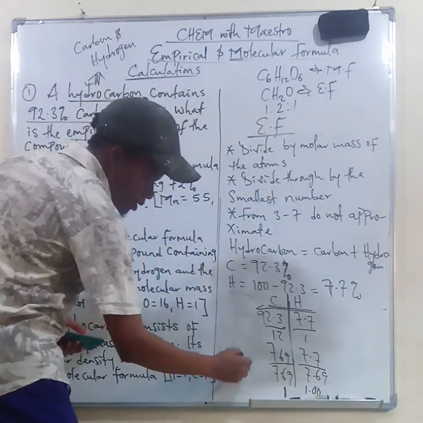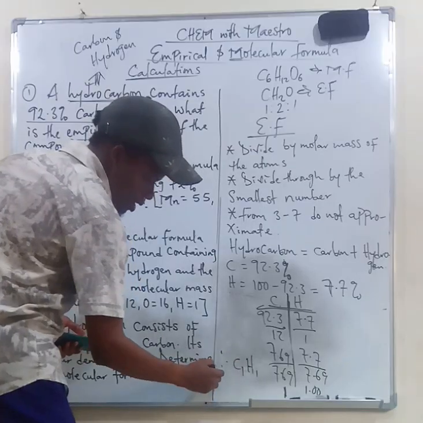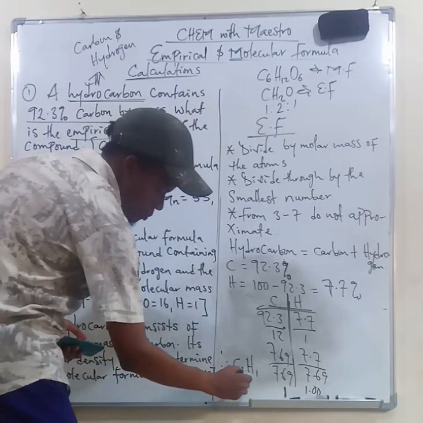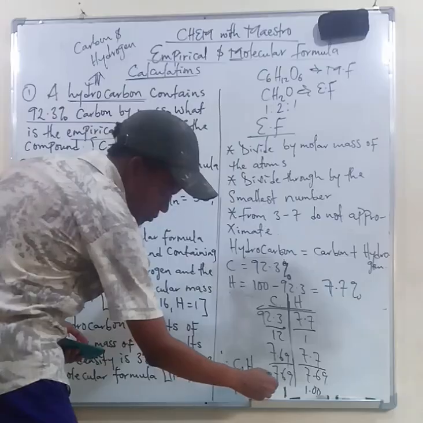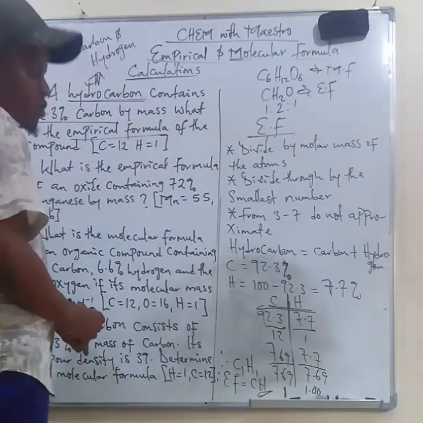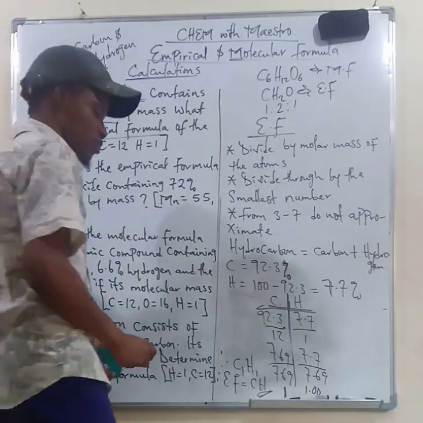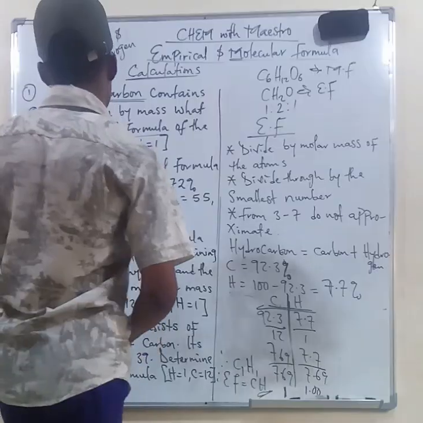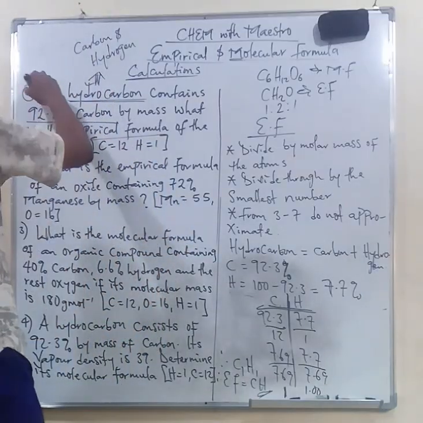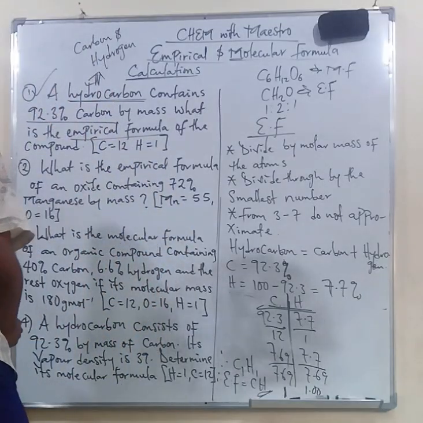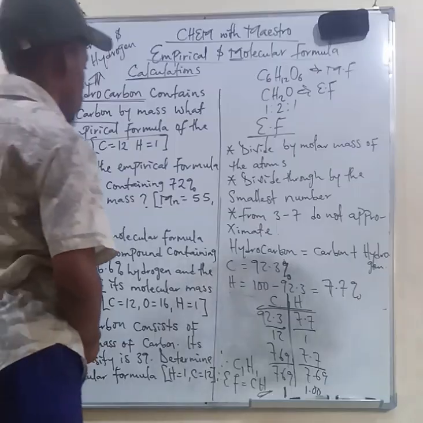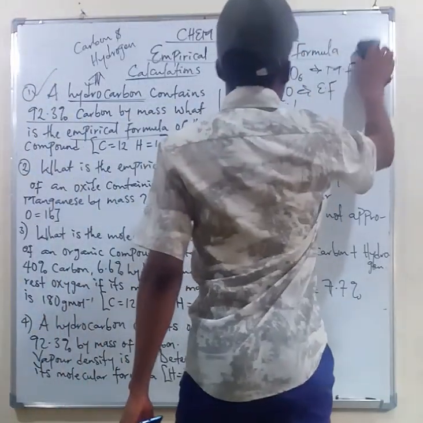So carbon is 1, hydrogen is 1. Therefore, the empirical formula of the compound becomes CH. This becomes our answer. So we are done with question 1. That is the empirical formula of the compound. Now question 2.